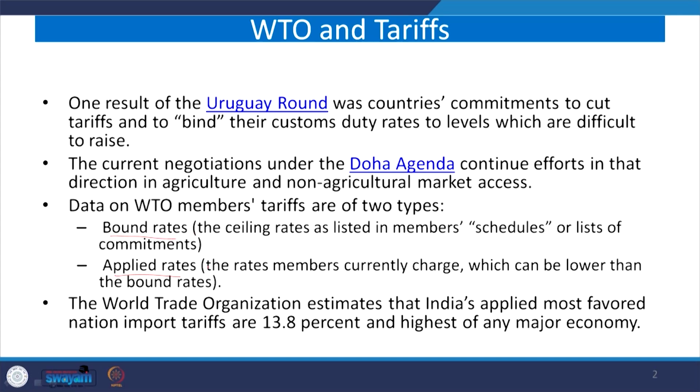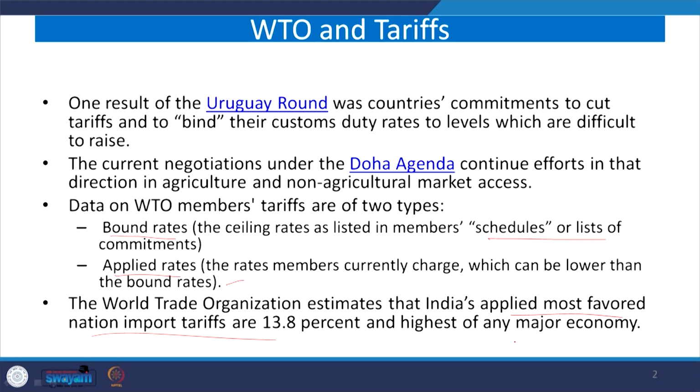Bound rates are where the ceilings are defined according to different schedules or lists of commitments, whereas applied rates are the rates which a member country can change, and which are generally lower than the bound rates. As per WTO estimates, India's applied most favored nation import rate is 13.8%, the highest of any major economy.